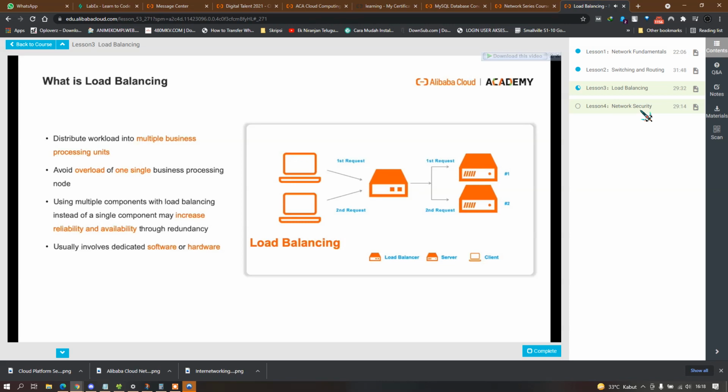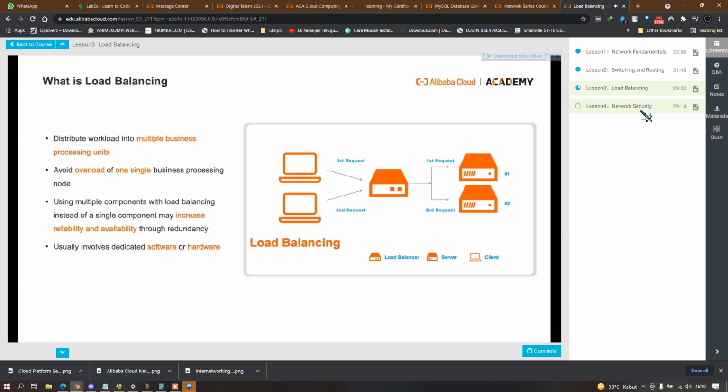So in order to expand our business capability, we introduce multiple business processing nodes to deal with our business. In this scenario, we need a device to distribute the business requests. That's why we are going to use the load balancer.